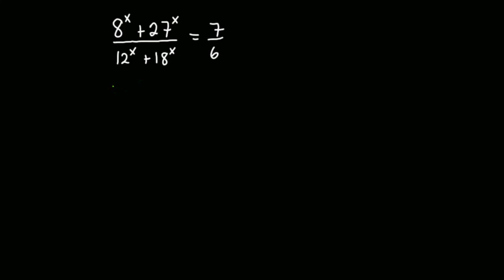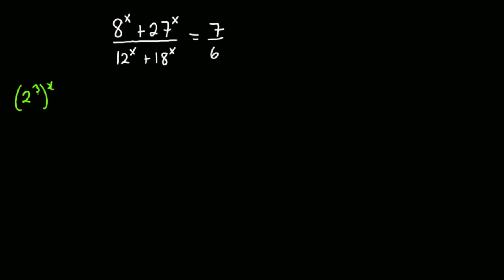First of all, to solve this problem, we need to break the bases of the exponential expression down. So I'm going to break 8 to have a base of 2, and that gives me 2^3, all this to the power x.